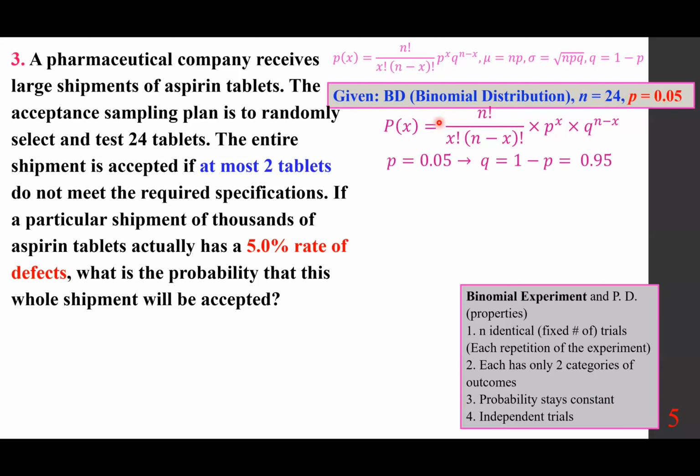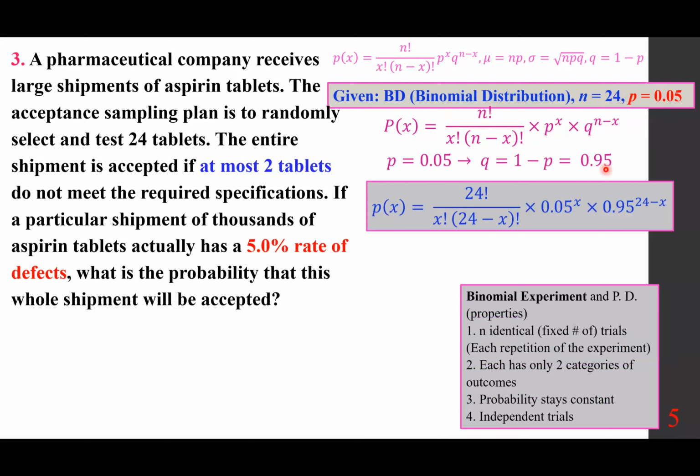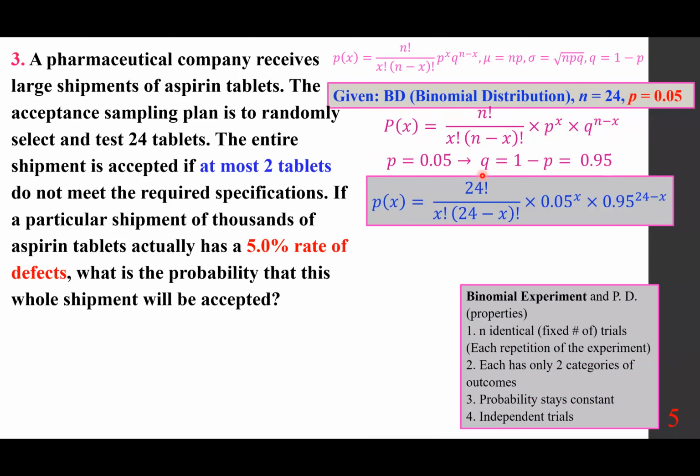So we are going to replace everything here with the proper numbers. So 24 factorial over x factorial times 24 minus x factorial, times p, 0.05 to the power of x, times q, 0.95 to the power of 24 minus x.